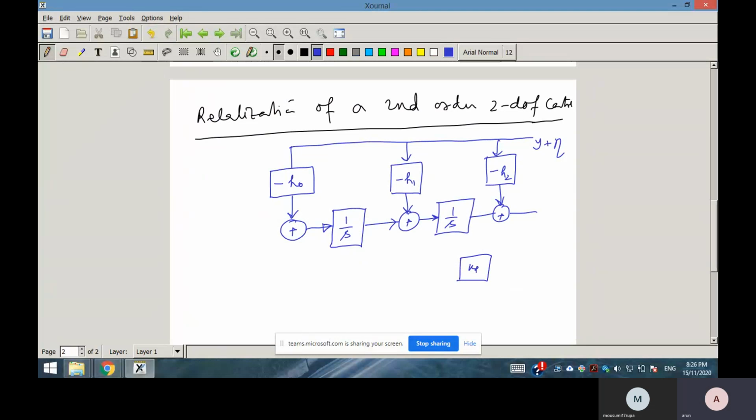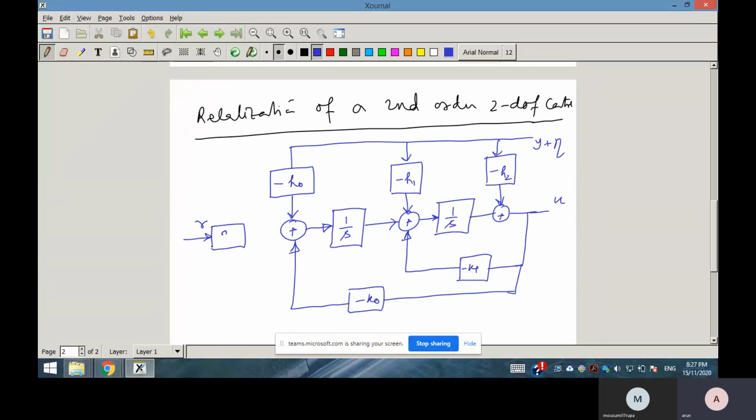And here minus k1, this is your u, the controller output. This is minus k1, this is minus k0, and then this is the R line.